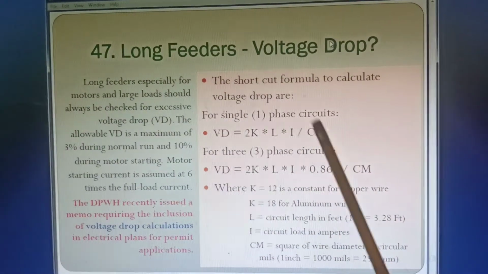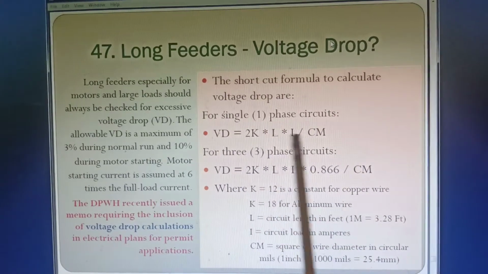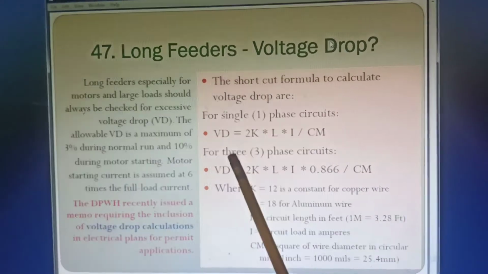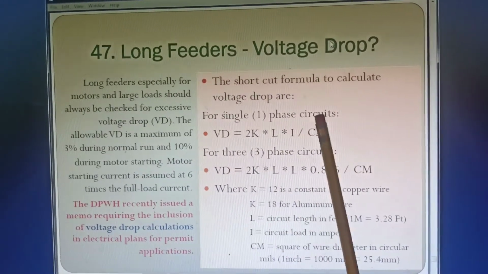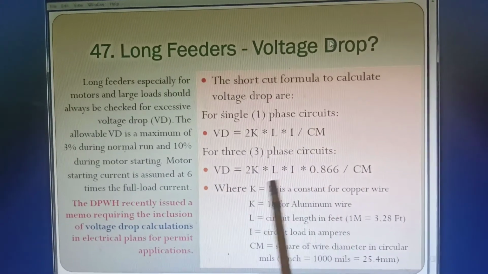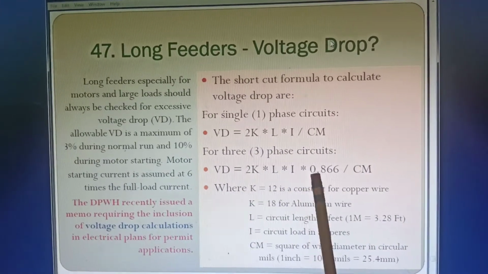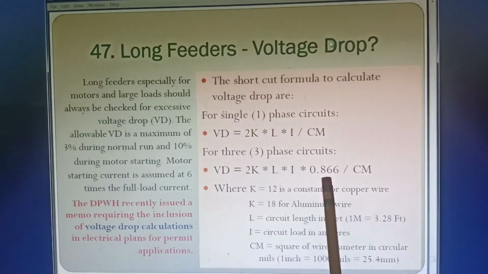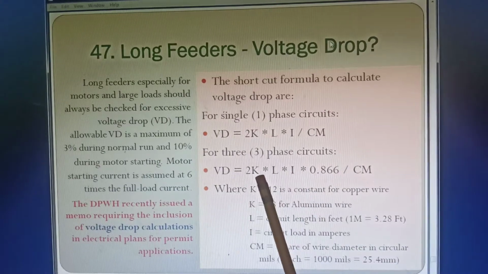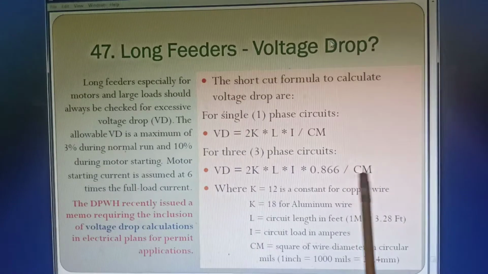Okay, voltage drop. It is very important to calculate for the voltage drop. Okay, and this is a very simple formula to easily determine the voltage drop. Okay, 2KLI divided by the circular mil for single phase circuits, and for 3-phase circuits it's the same formula, except that you have to multiply by 0.866 or square root of 3 KLI divided by the circular mil area of the wires.